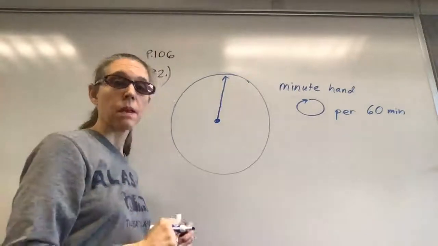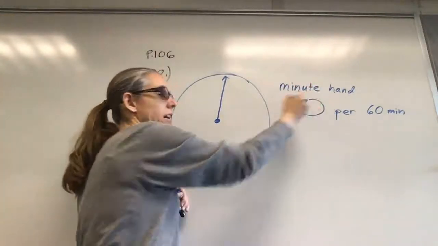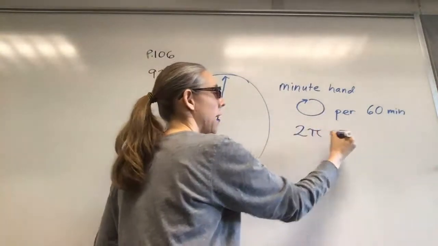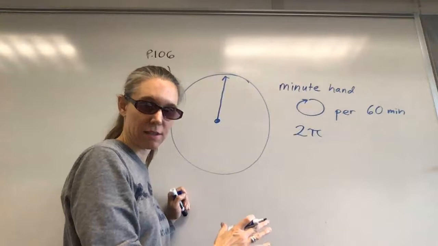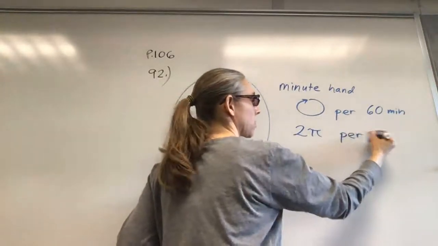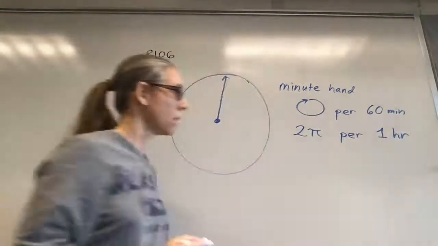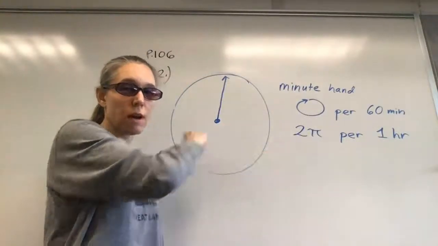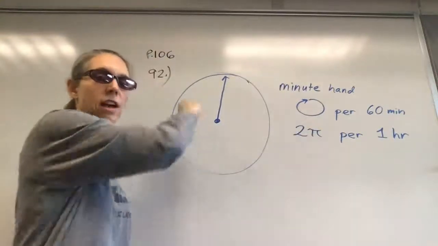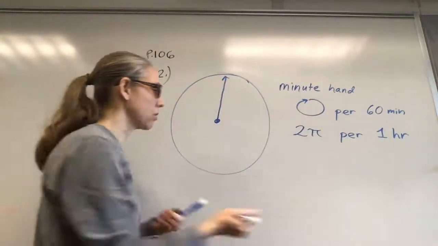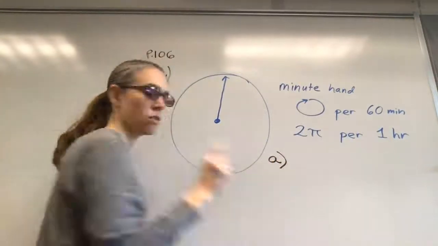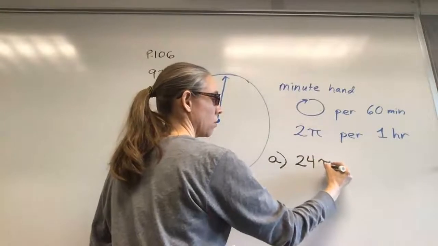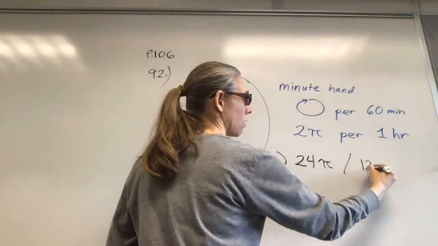You know this. Going around the clock entirely once is the same thing as going 2 pi radians per 60 minutes or per 1 hour. So if you make the conclusion that the minute hand goes through 2 pi radians each hour, then you can conclude quite easily that in 12 hours, the minute hand goes through 24 pi radians.